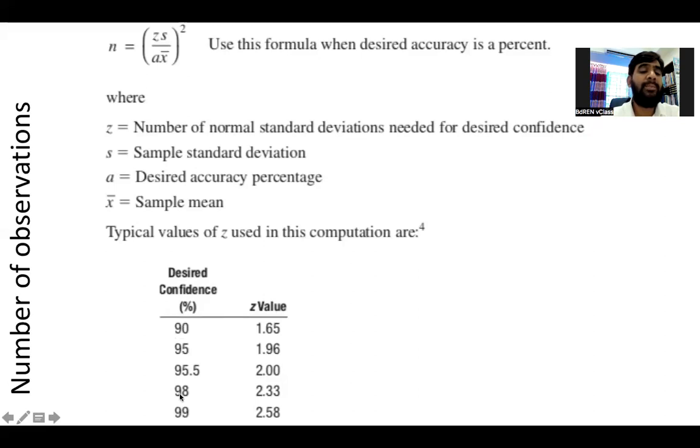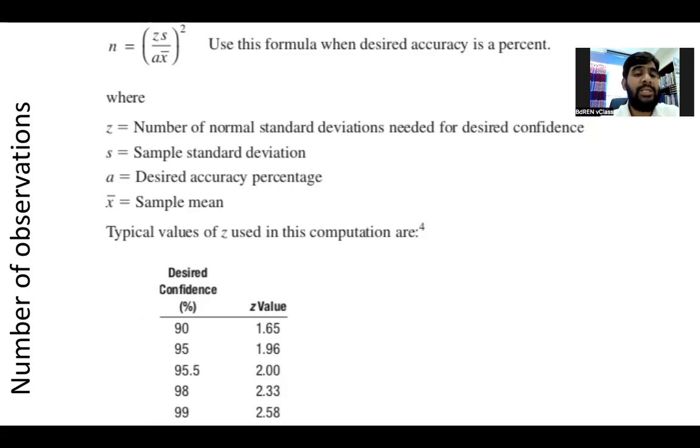What is your level of confidence, the opposite of which is known as level of significance. Level of significance 5% means level of confidence 95%, that is 100 minus 5%. Level of confidence 90% means level of significance is 10%, 100 minus 90%.